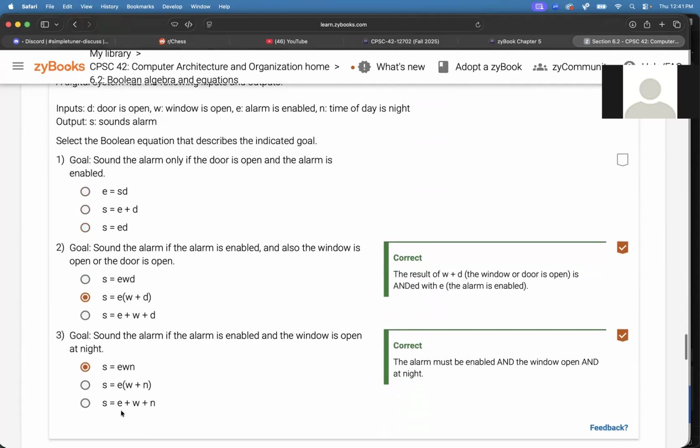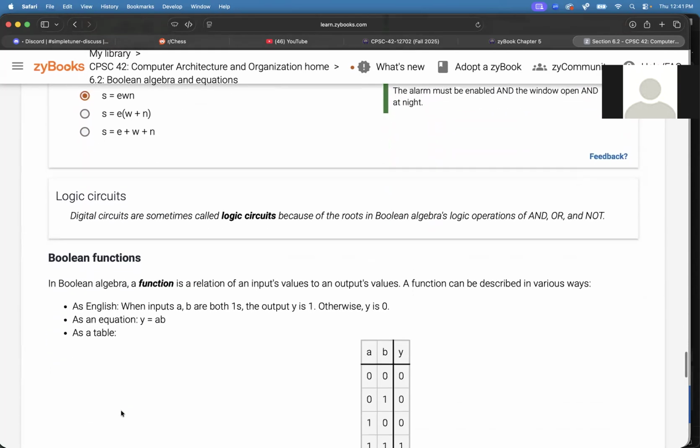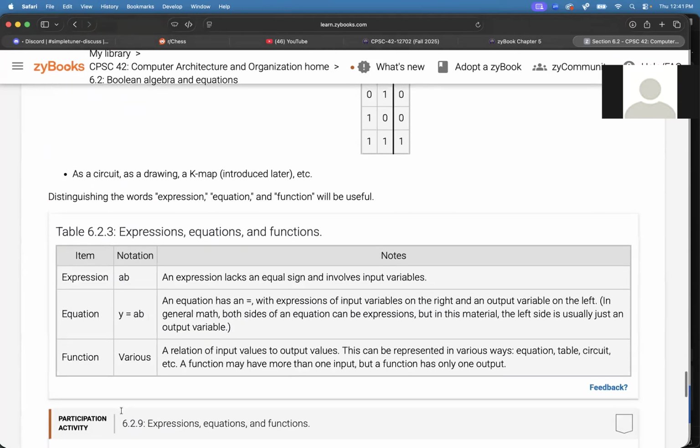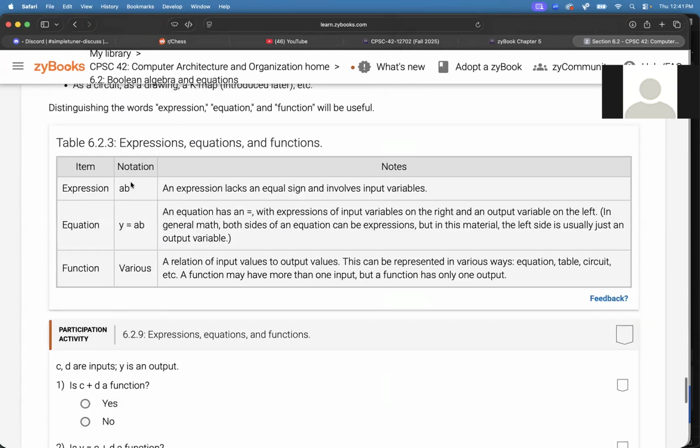So these are called functions, even though they're not listed that way. And then here they're saying, if there's no equal sign, it's an expression. If you put an equal sign, it's an equation. That's true. And then a function, it says, relates input values to output values. They say, oh, you could write it as an equation, but there's also like the table.